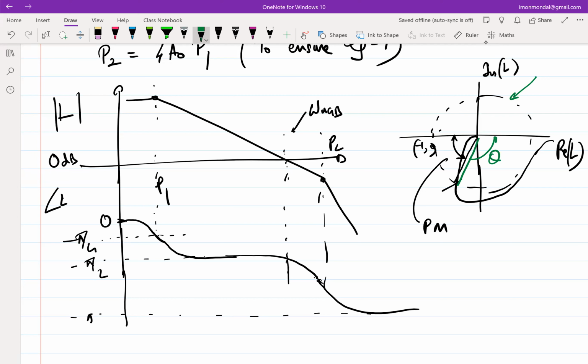Wherever your Nyquist plot cuts that unit circle, in the Bode plot that corresponds to the point where you are cutting the 0 dB line, and the angle in the Bode plot corresponds to that theta. And that theta is essentially the excess phase lag, which is minus pi by 2 minus tan inverse omega UGB by P2.